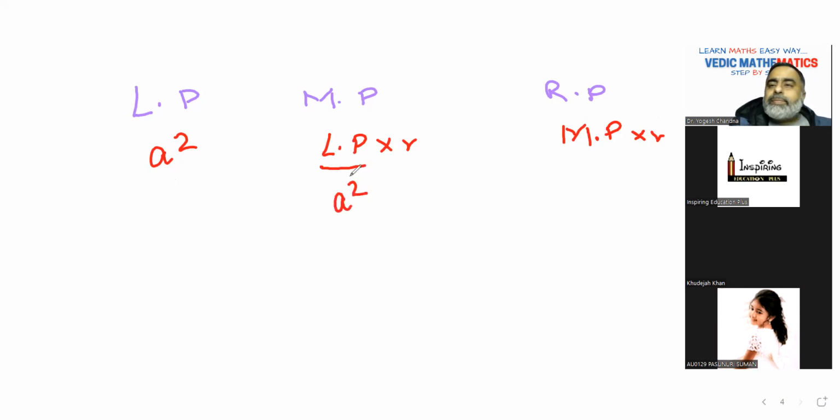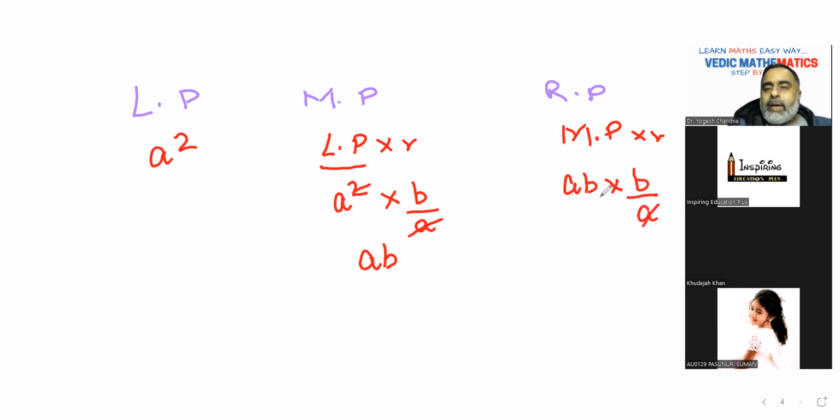A square into R. What is R? B by A. So if you cross, it becomes AB. Right part is middle part into R. That means AB into B by A. So that is B square. So we started from A square and we got B square. That means if we start from finding the first digit's square and move with the ratio, we will get the second square also.